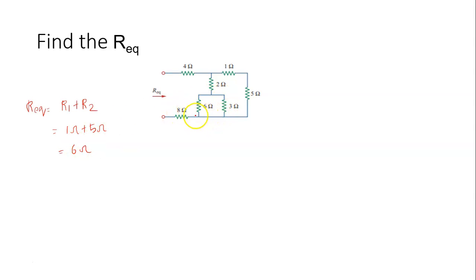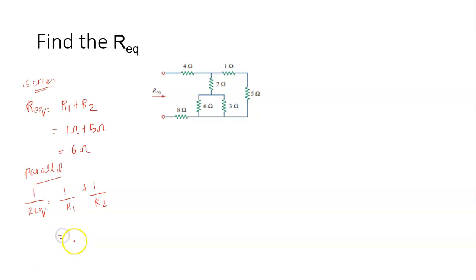Now we are going to solve this part. These two are in parallel. We know the formula for series; in case of parallel, it is 1 by R equivalent is equal to 1 by R1 plus 1 by R2.